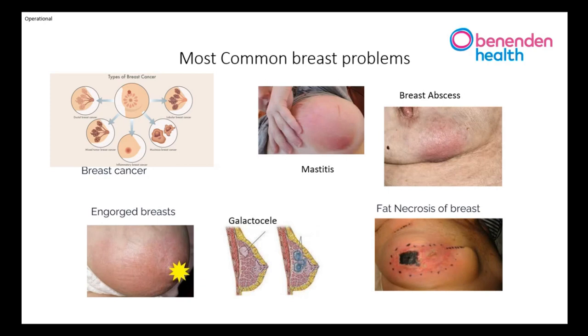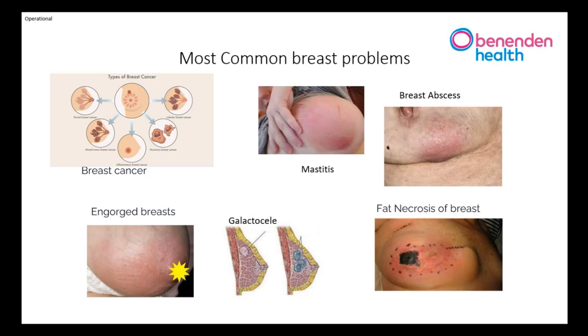Another uncommon type of breast cancer is triple negative breast cancer. As I say, this is a relatively uncommon form of cancer, and it's usually more aggressive and harder to treat than other types of breast cancer. Something like 15% of breast cancer cases are triple negative, and there are over 8,000 cases a year in the UK.